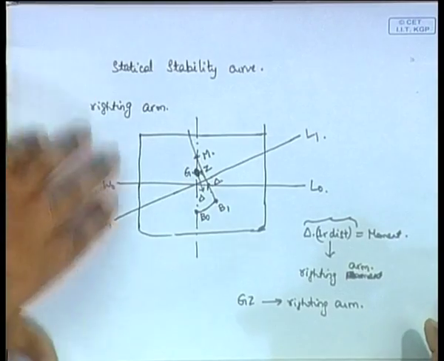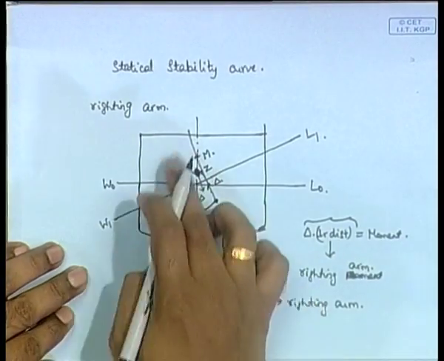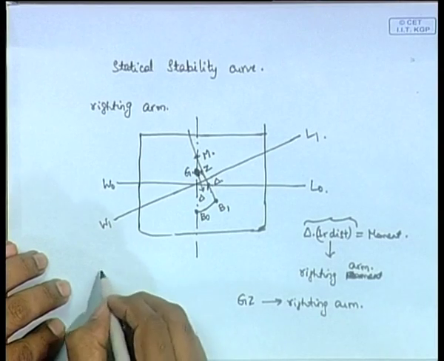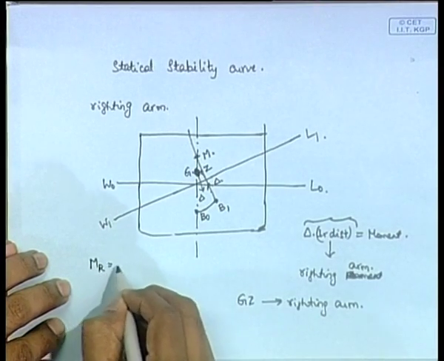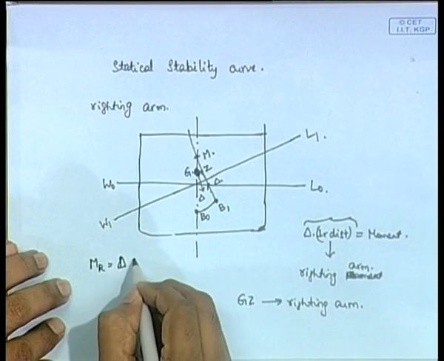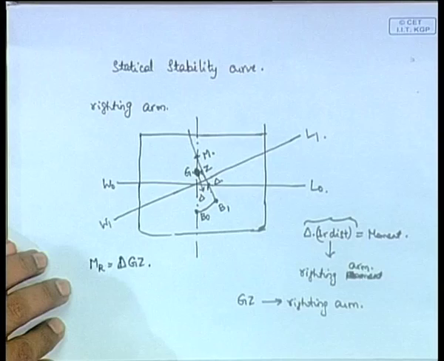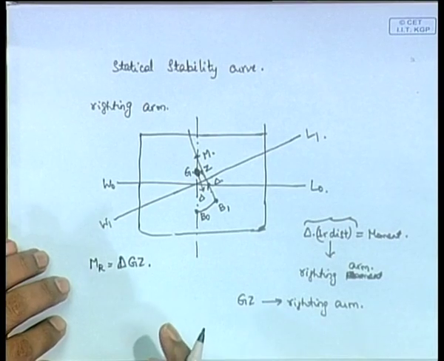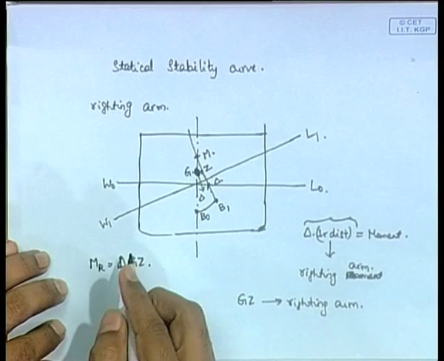Now, if you just look at this figure, you will see what the righting moment is. Righting moment is delta into GZ, okay. This is the righting moment, the force into the perpendicular distance between them.